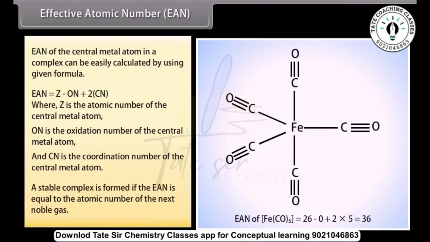A stable complex is formed if the EAN is equal to the atomic number of the next noble gas. For example, EAN of [Fe(CO)5] is equal to 26 minus 0 plus 2 into 5, which is equal to 36.